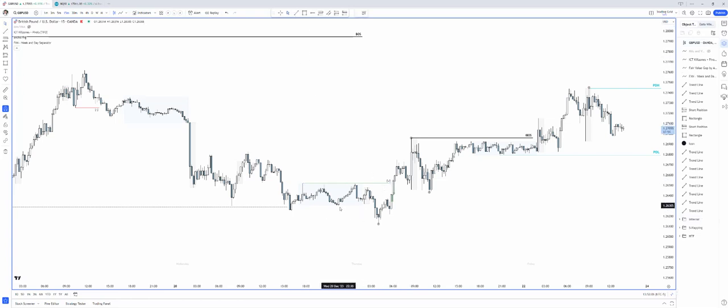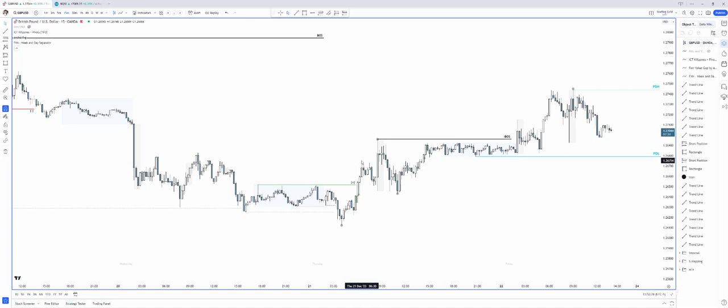And then we have what? Anything you can say, this is, or you can say this one, or you can say this one. Nothing is going to change the fact. The reality is what we got, the QM. And then this one is the liquidity taken out.